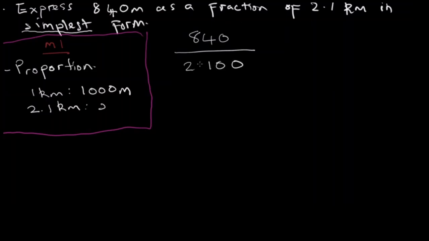Now, let us take a scenario where you made a mistake, which is expected because this is what examinations are for, to trick you into doing the wrong thing. You had just written, let me use a different color, maybe red for danger, 840 meters over 2.1 kilometers and try to divide these two.